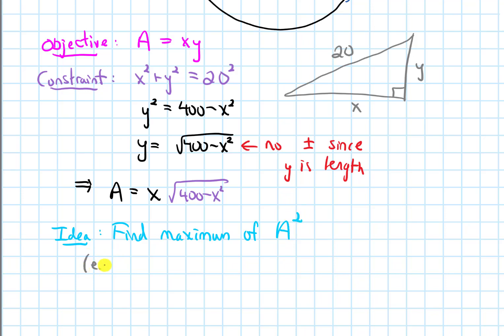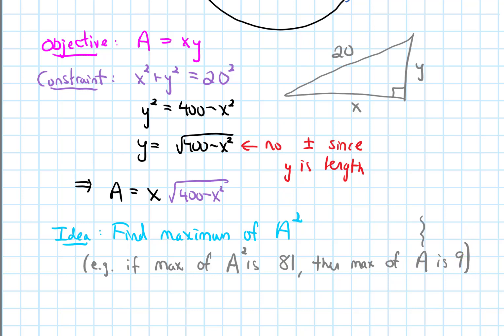For example, if the maximum of A squared is 81, then we can quickly get the max of A. If the biggest A squared ever got was 81, the biggest A ever would get is 9.